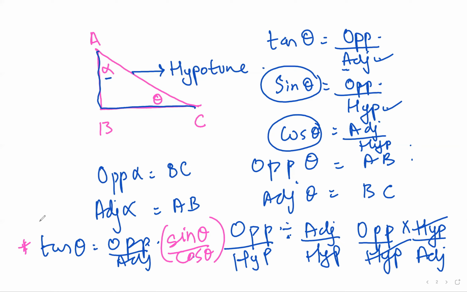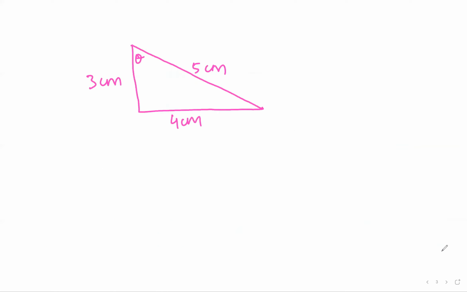Okay, next. Let us talk about this question. Here you have one side 3 centimeters, another side 5 centimeters, another side 4 centimeters. Let us find sin, tan, and cos here. We know sin theta's formula is what? As theta is given here, we will talk about sin theta.